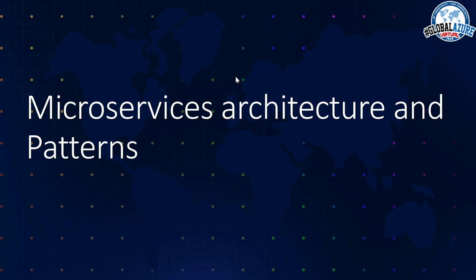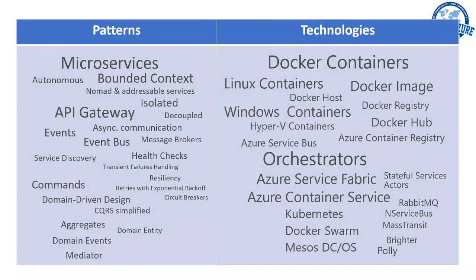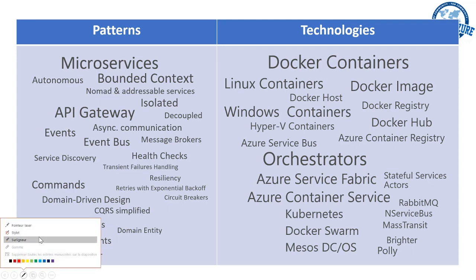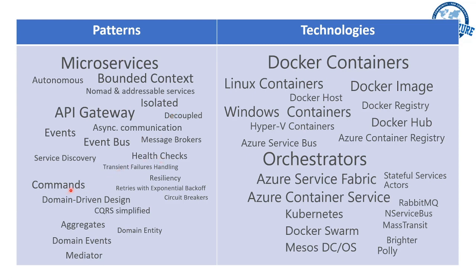We will now present the different architectures and patterns of microservices. In this table, we summarize the modern patterns and technology to be used, like containers. There are many models and patterns. Most of them are linked to domain-driven design.